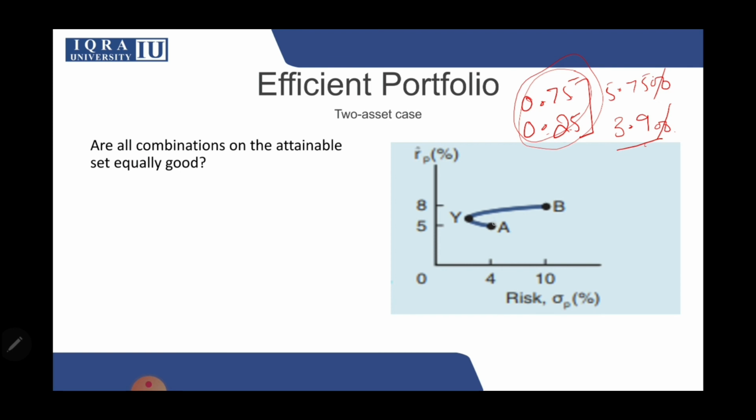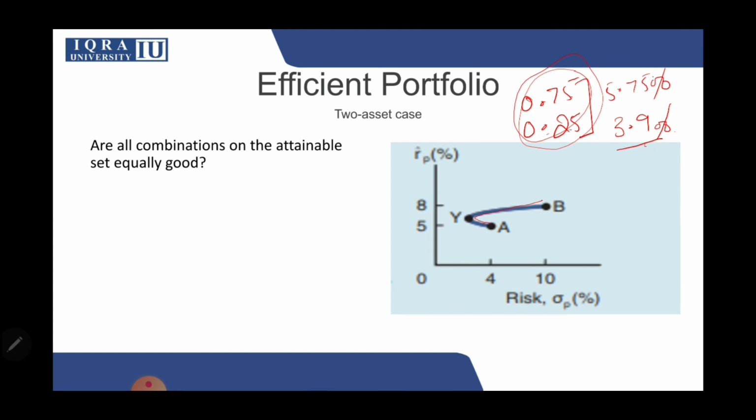And as you start to fluctuate the weights, so now you are investing 0.9 in A, you will be over here, and then you invest 0.8 in A, 0.7, 0.6 and so on. As you decrease the weight of WA and increase the weight of WB, you will move this way.